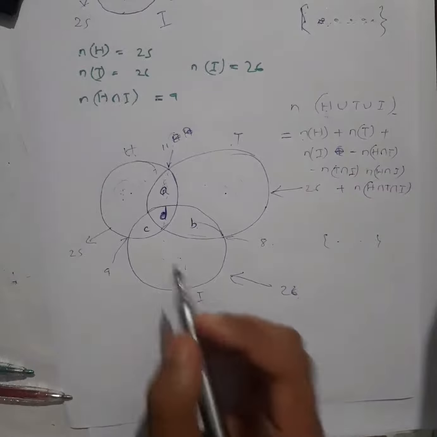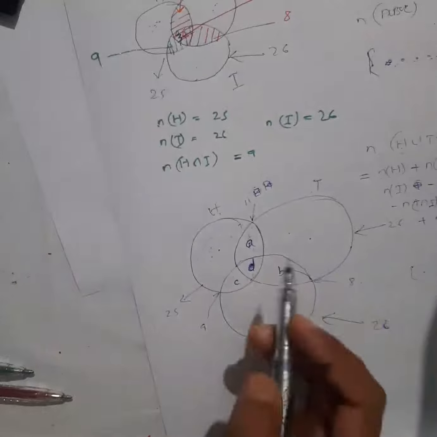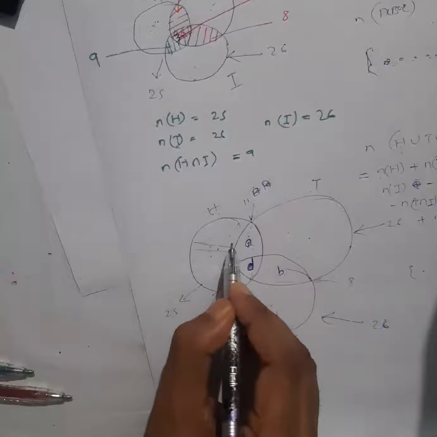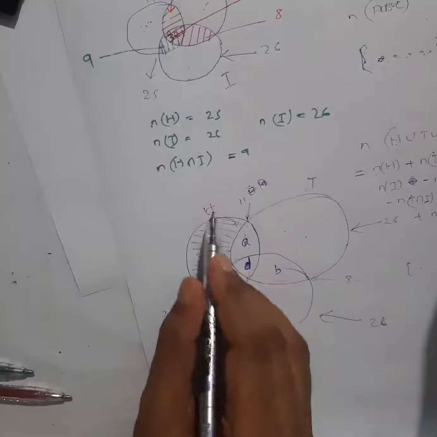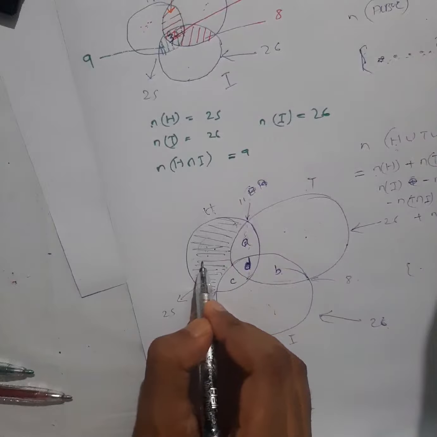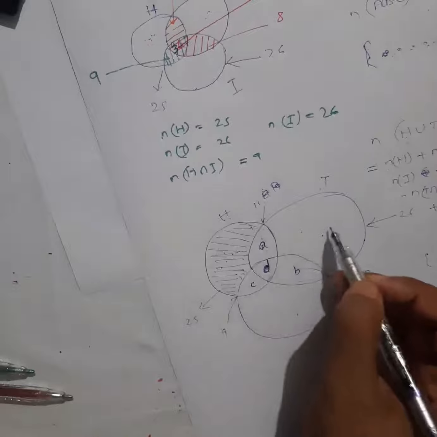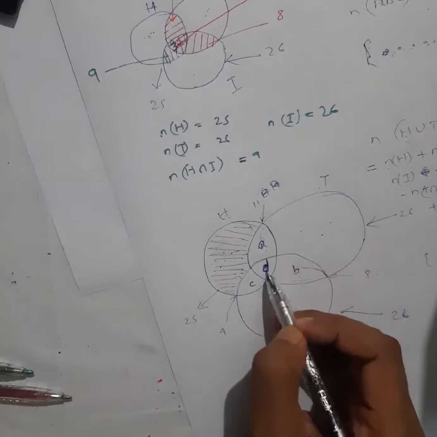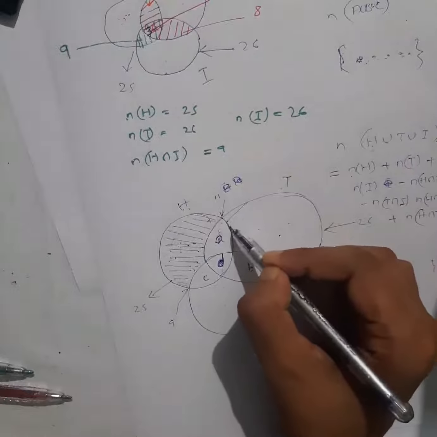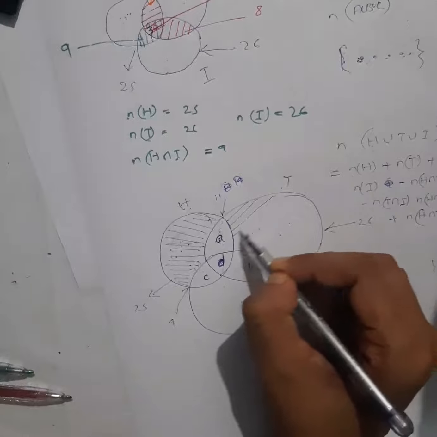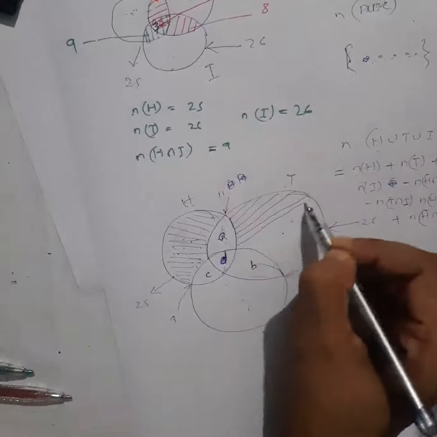They said exactly one. Now which people are reading exactly one newspaper? You can see these people. These people read exactly one newspaper. Only H they read. These people read two newspapers. These people read 3 newspapers. We don't need that one. We need people who read exactly one newspaper. These are the people who read exactly one newspaper.